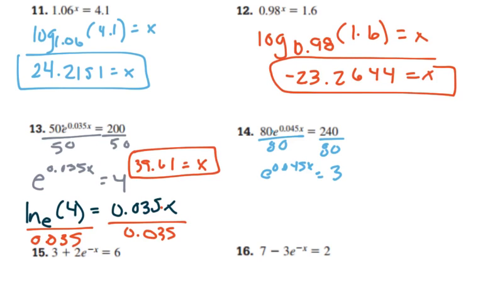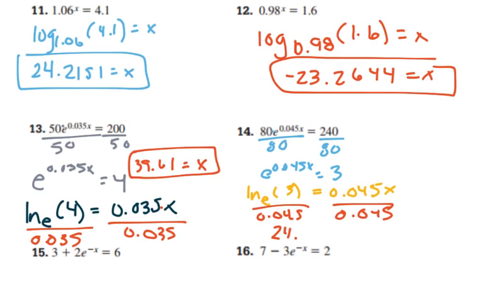Again, rewriting with natural log, because it's base e, of 3 is going to be 0.045x. So we'll divide by that 0.045. And we end up evaluating natural log of 3 divided by 0.045, which makes an x of 24.4136.